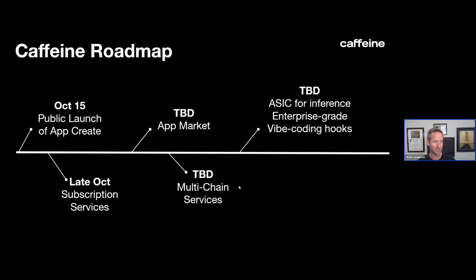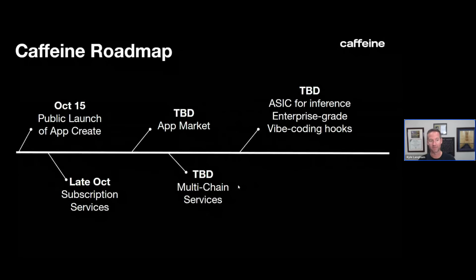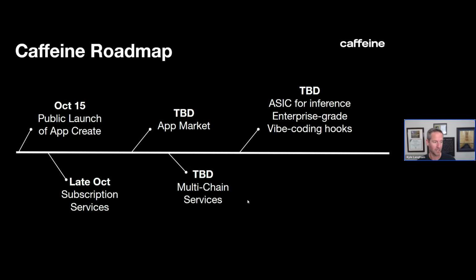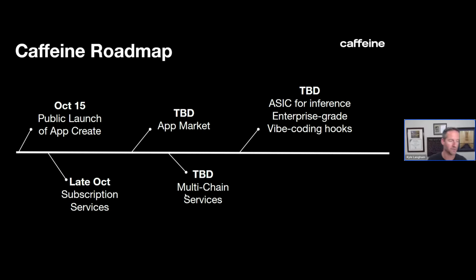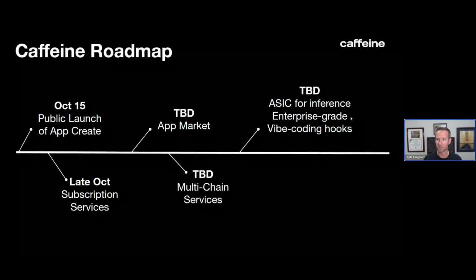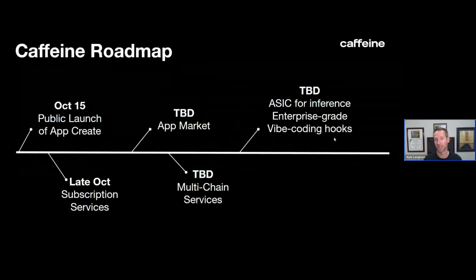Since all of this is hosted on ICP, a very phenomenal multi-chain blockchain, you can do things with Bitcoin, Ethereum, Solana, as well as ICP tokens using Caffeine apps. And then there's a bigger idea. In enterprise grade, Caffeine is going to be super interesting: big, medium-sized, or even small companies will empower their employees to, instead of purchasing software and SaaS, just build the tools they need to operate the business themselves.